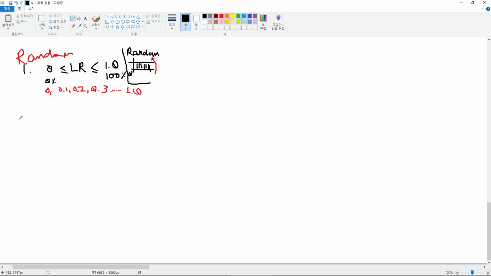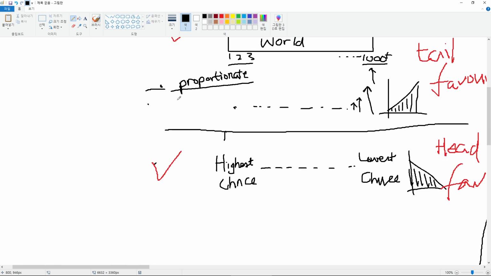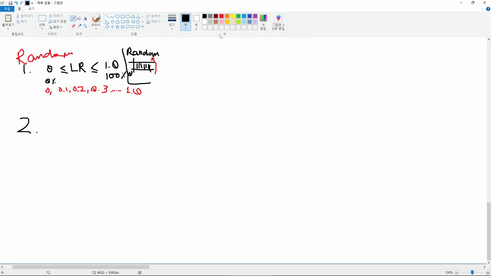The second way of doing that, again, is very similar to what we had here, because it uses the same concept, proportionate.